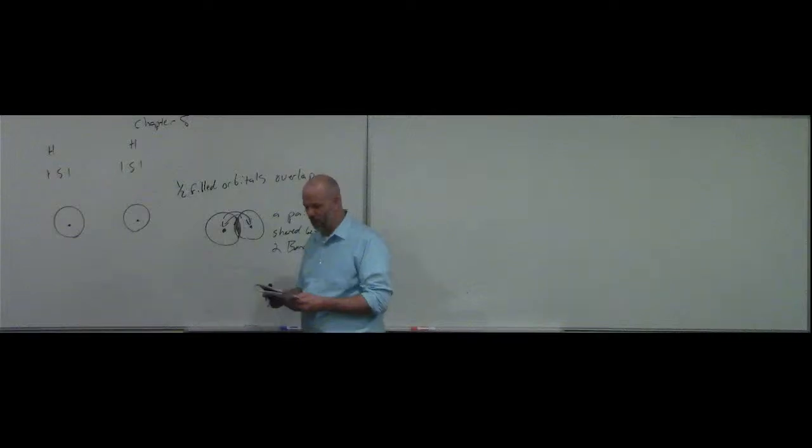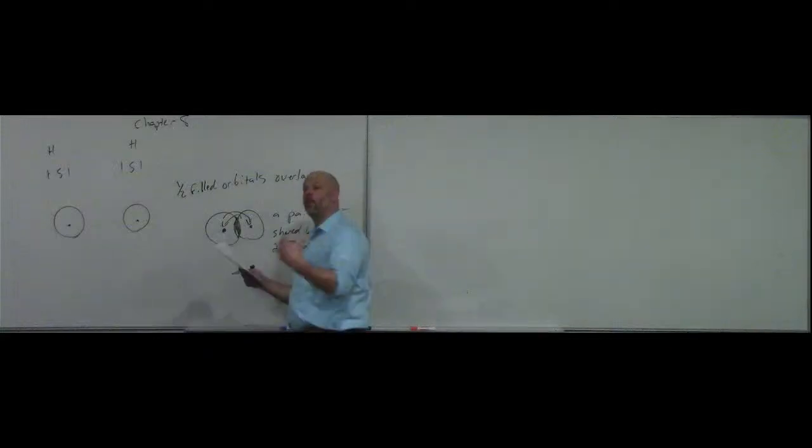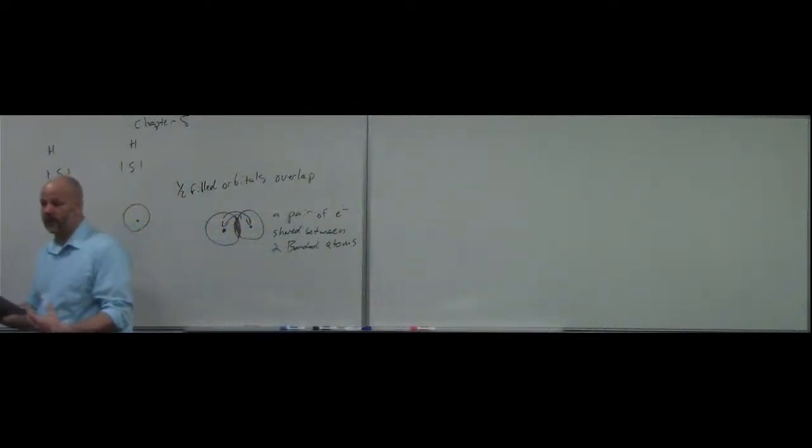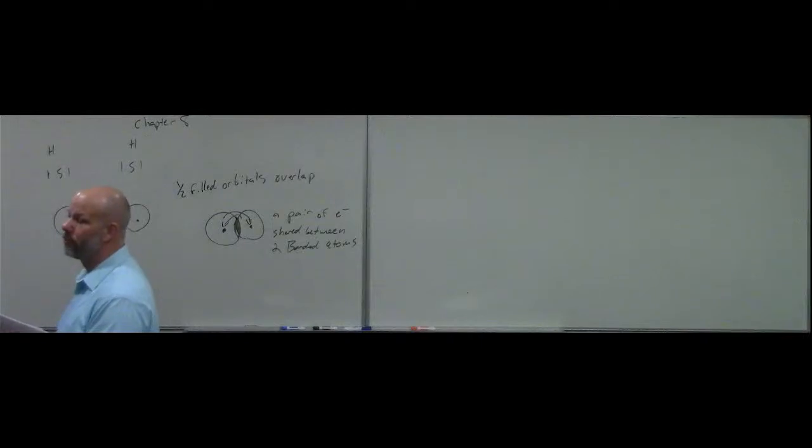The strength of a covalent bond depends on the extent of overlap of the orbitals involved. So not all covalent bonds are the same. Some are going to overlap a little, some are going to overlap a lot. The more they overlap, the stronger we expect that bond to be.